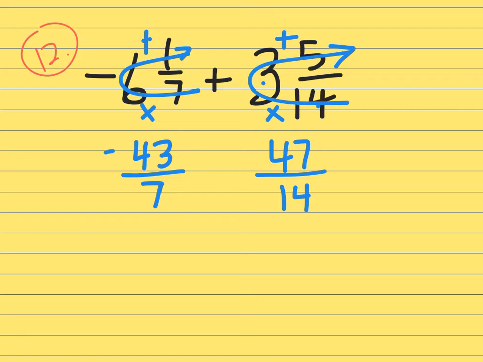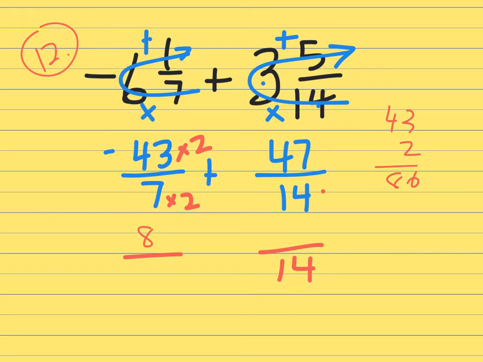This is a negative. So now I have to still find a common denominator, which I'm going to look at that 14 first, because I know 7 times 2 is 14. So 43 times 2 is 86.